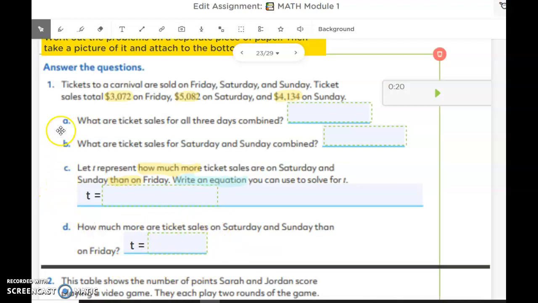So again, solve for A and B, use that information to write an equation for part C. And then the answer to your problem, your equation, is your part D. How much more are ticket sales on Saturday and Sunday than on Friday? It's saying that the T will equal what you solved.